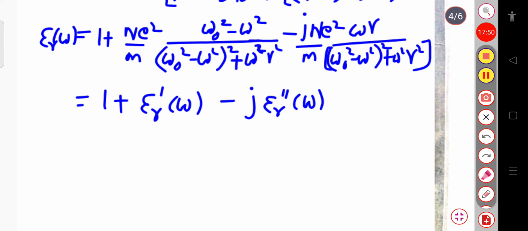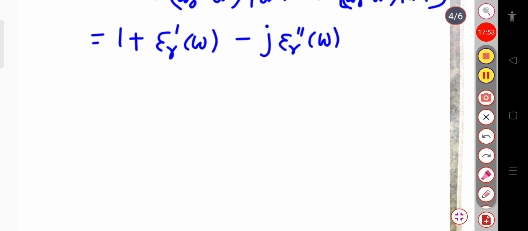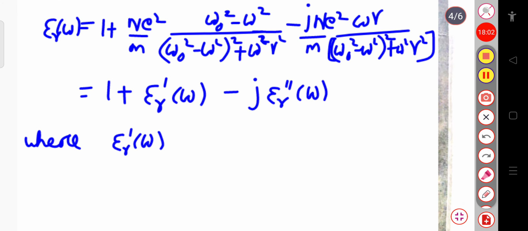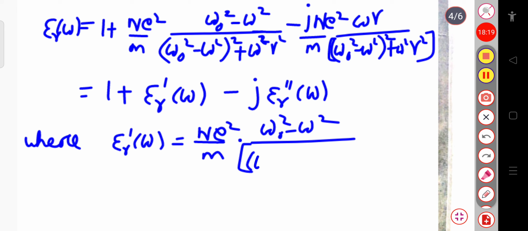The first term, epsilon r prime omega, has a value equal to ne square divided by m into omega naught square minus omega square, divided by omega naught square minus omega square whole square plus omega square gamma square.